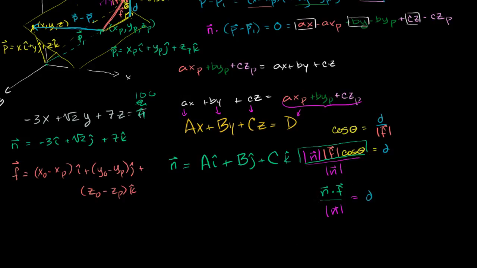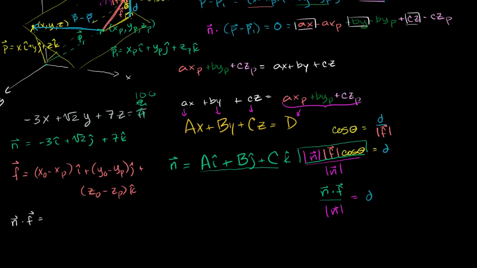So let's do that. Let's take the dot product between the normal and f. And we already figured out in the last video, if you have the equation of a plane, the normal vector's components are just the coefficients on the x, y, and z terms. So this is the normal vector right over here. So let's literally take the dot product. n dot f is going to be equal to a times x naught minus xp.